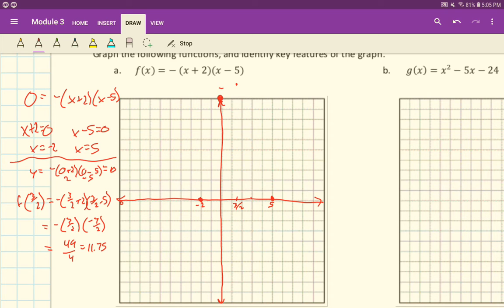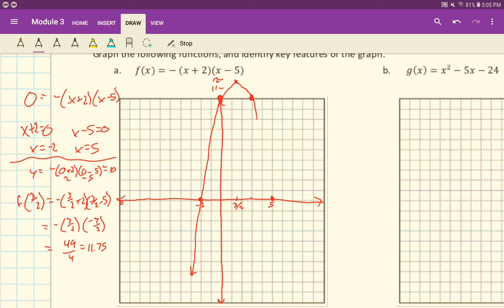So something like right up there is where our vertex will be roughly, because that would be 11 right there, and this would be like 12, so maybe a little bit higher, like that. Okay, those 2 points. And then for the y-intercept, we can also use symmetry as well. It is 1.5 blocks away, so we have a point right there. And then we can connect the dots.